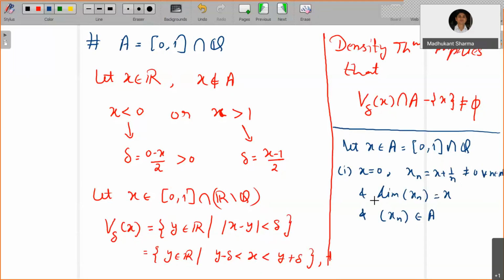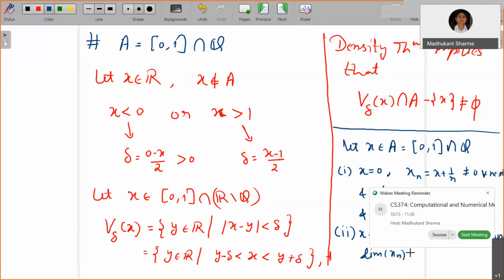So this tells you that 0 is a cluster point of the set. Now the case x equals 1. You take the sequence x_n equal to x minus 1/n, so that it lies inside the set A, which is not equal to 1 for every n in the natural numbers, and the limit of x_n is equal to x.